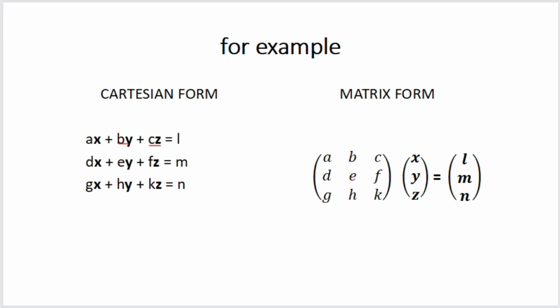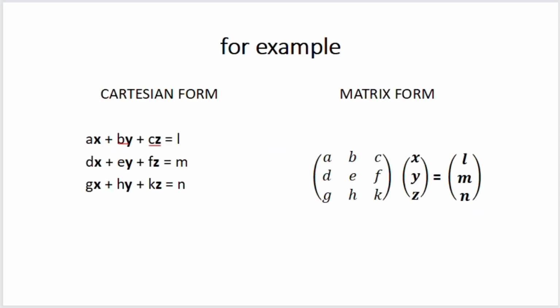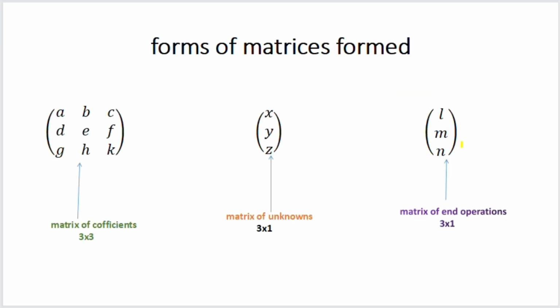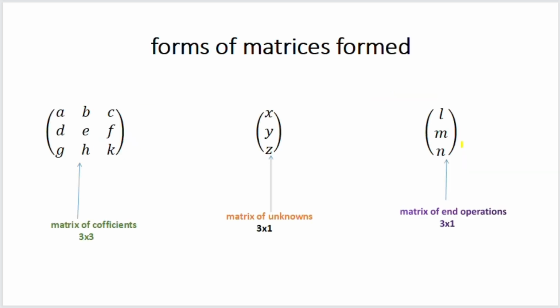Next, the forms of matrices that are involved. We have a matrix of coefficients, which we extract out: a, b, c, then d, e, f, and g, h, k.